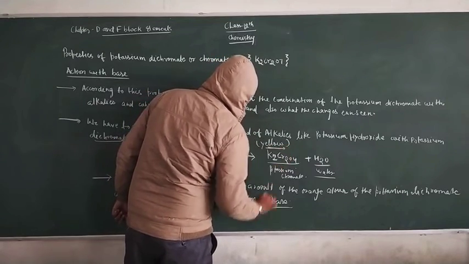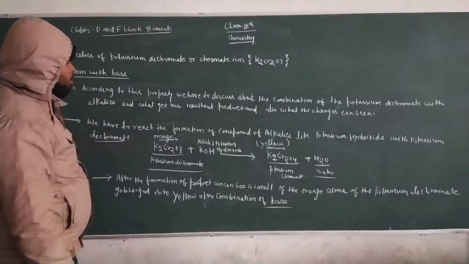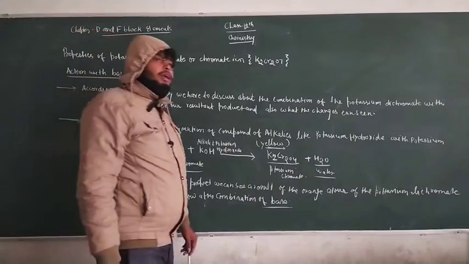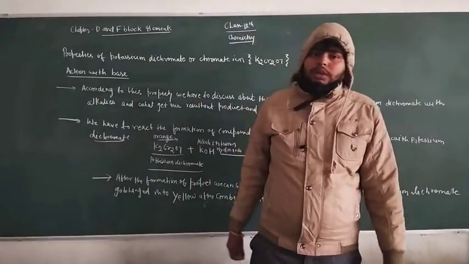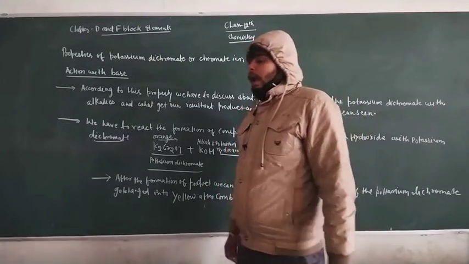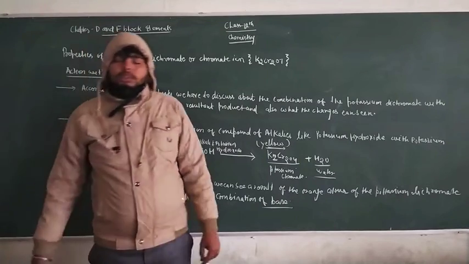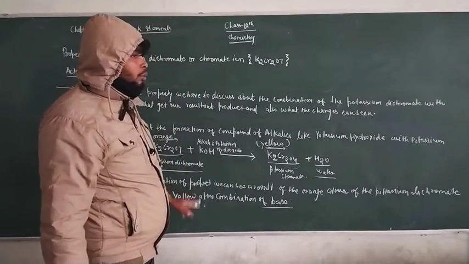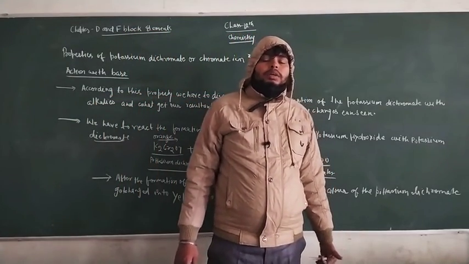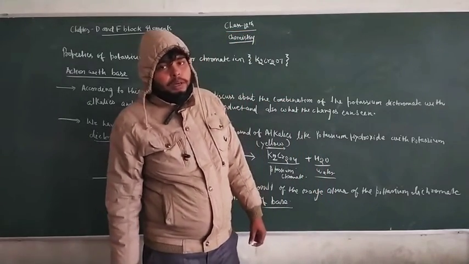So this change can be seen by us in the properties of potassium dichromate, in the combination with any base like potassium hydroxide. And this is not a new thing for us, because before this we discussed that every d-block element shows a change of color.